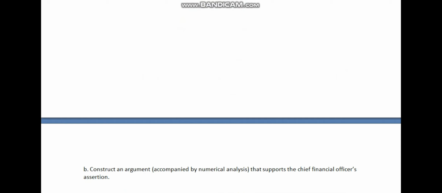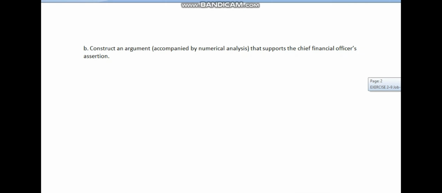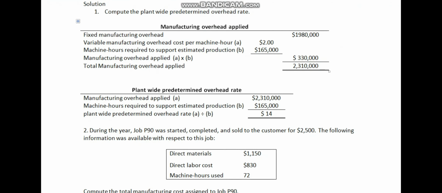And let's solve it. So do remember that in my previous videos, when we solved requirement 1 and 2, we used machine hours. That was 165,000 machine hours. This was the numerical value we used to solve my questions.